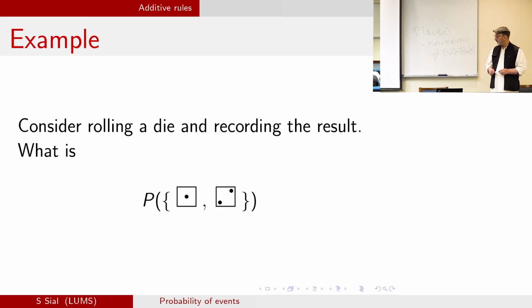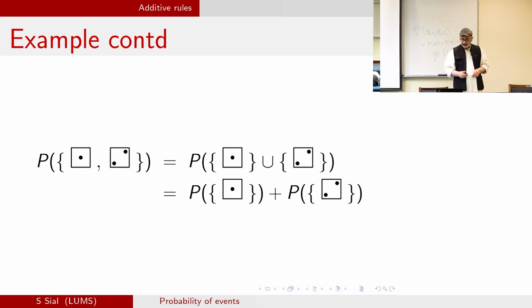So the probability of rolling a 1 or a 2 is equal to the probability of rolling a 1 plus the probability of rolling a 2, minus the probability of the intersection, but the intersection is empty, so we don't have to think about that.